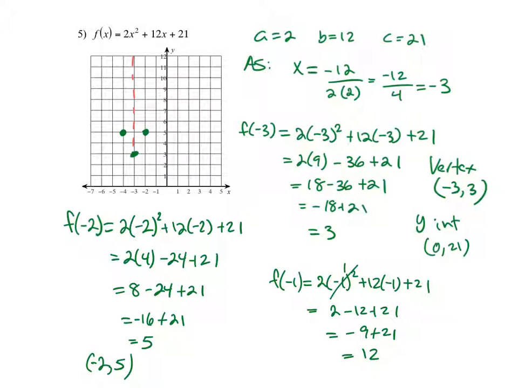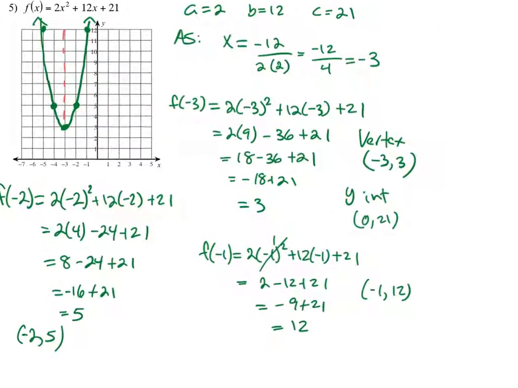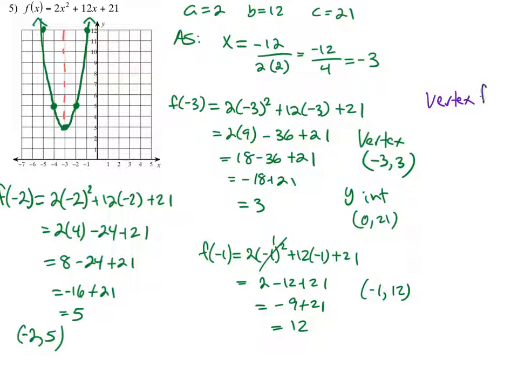So that means that I have the point -1, 11. -1, 11 is up here. And that's my graph, right? So now my vertex form equals y, a, so in this case a is 2, times x plus 3 squared plus 3.